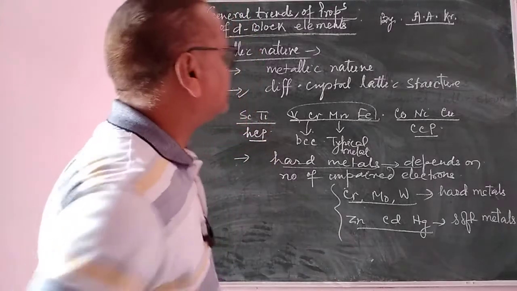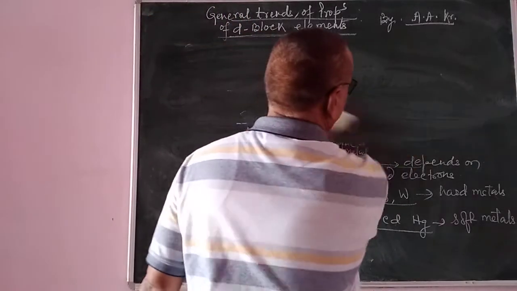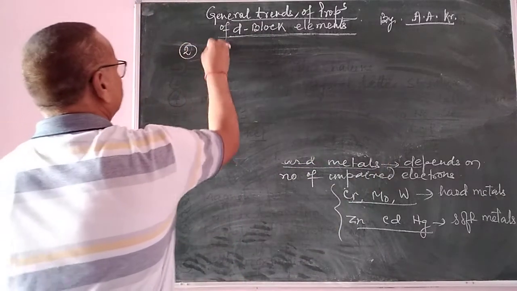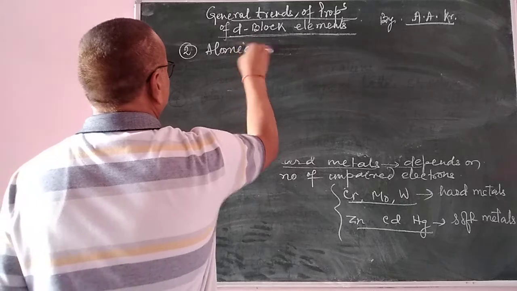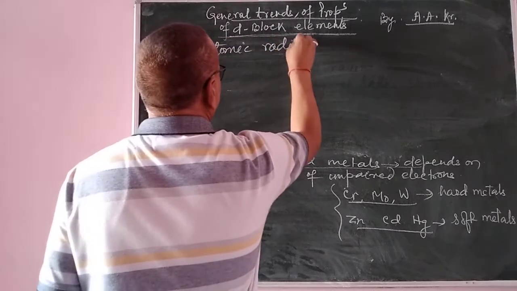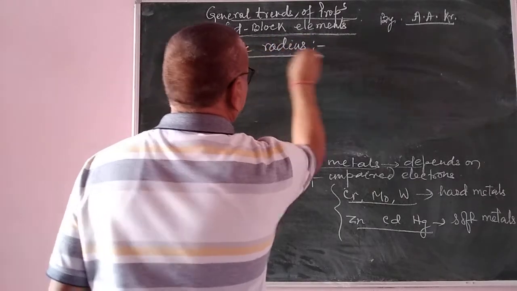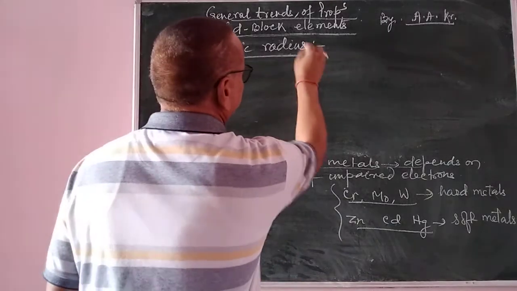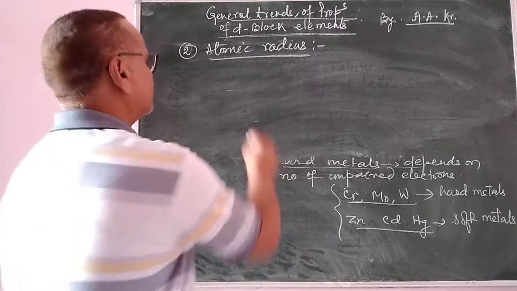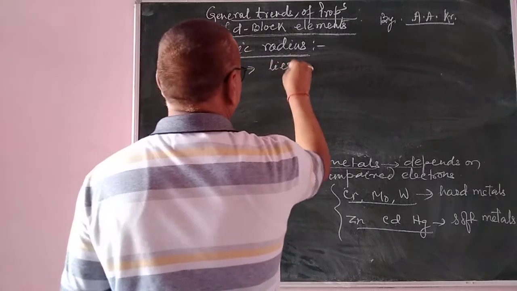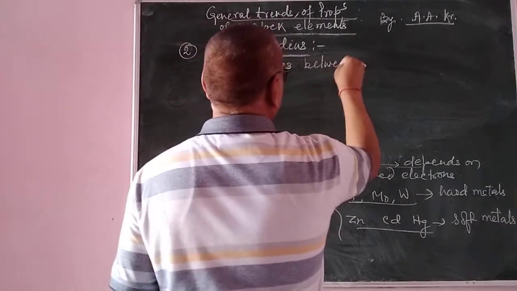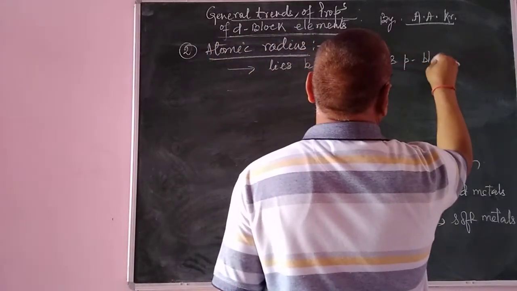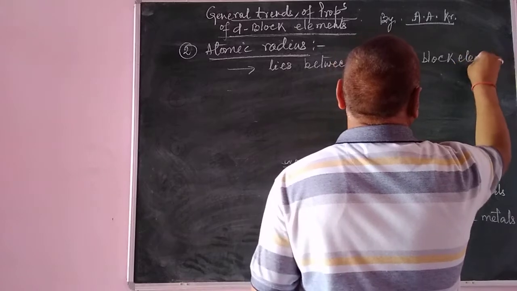Now the next property is the atomic radius, or size. If we study it, the atomic radius lies between s and p block elements.